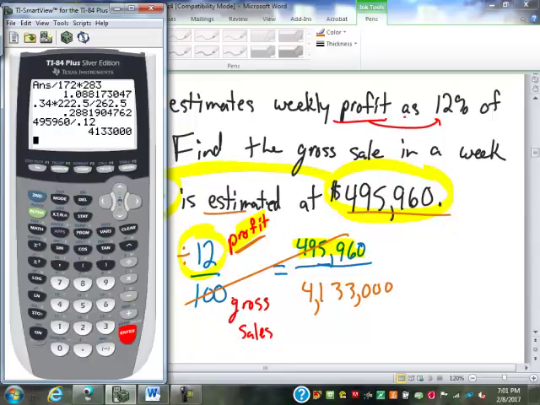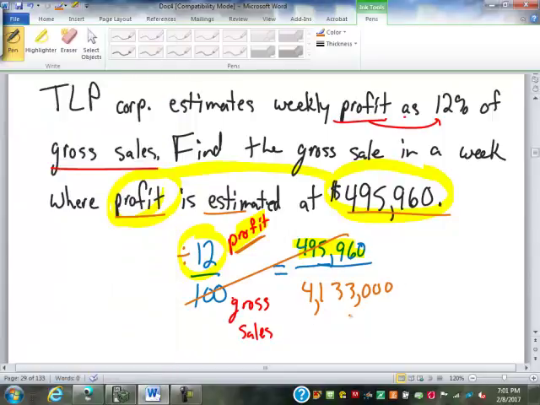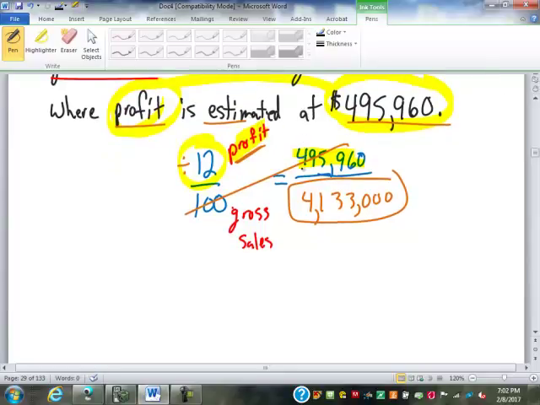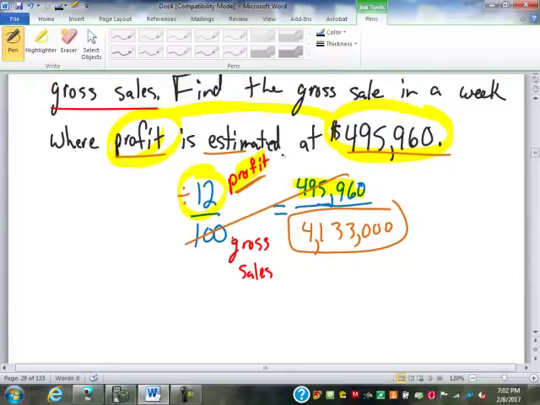Yeah, this is exactly like Shark Tank. So there's our result. Okay, so let's make another example. Any questions on that one?